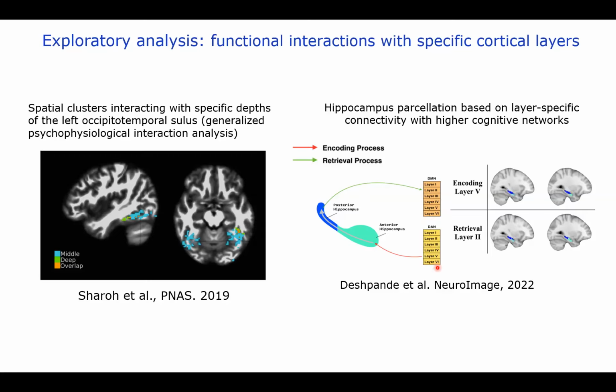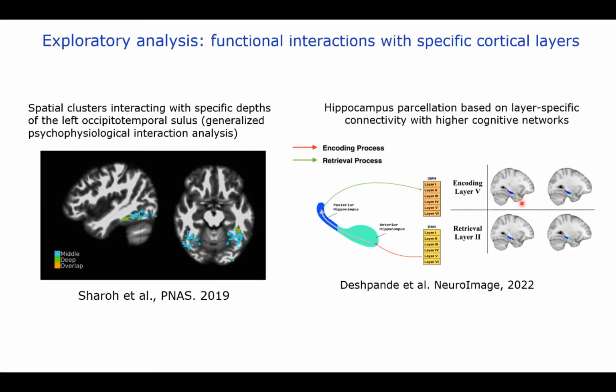The specific model is that the anterior portion of the hippocampus is correlated to layer 5 of the dorsal attention network during the encoding process, while during retrieval the posterior portion of the hippocampus is correlated with layer 2 of the default mode network. What they tested is whether, by parcellating the hippocampus based on its connections with the higher cognitive areas, they can separate these profiles of the anterior and posterior portions of the hippocampus.